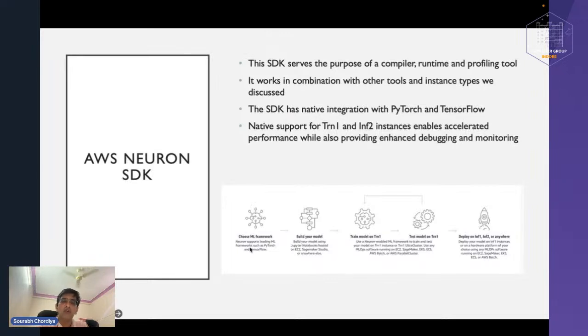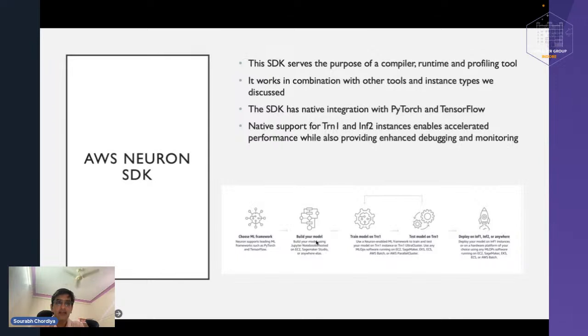So how would your flow look now, with all these technologies that we discussed so far? You will first have to choose an ML framework, like PyTorch, TensorFlow, any of these popular ones, and Neuron SDK supports all of them. You will then build your model, in case you're building it.